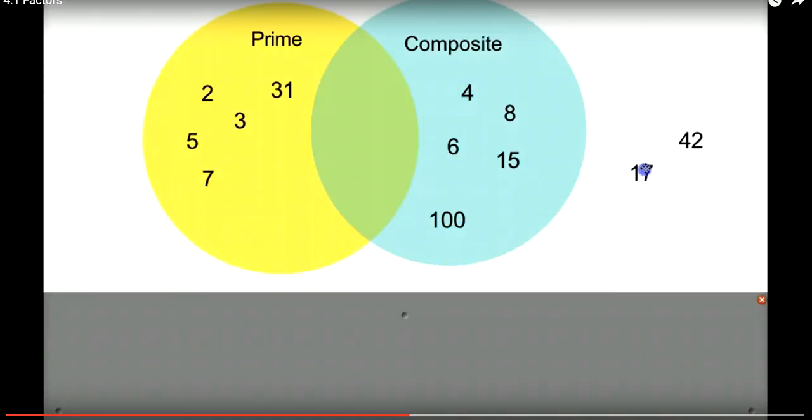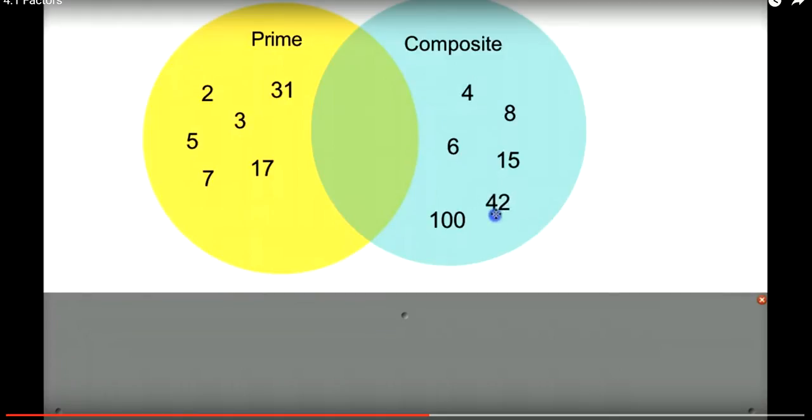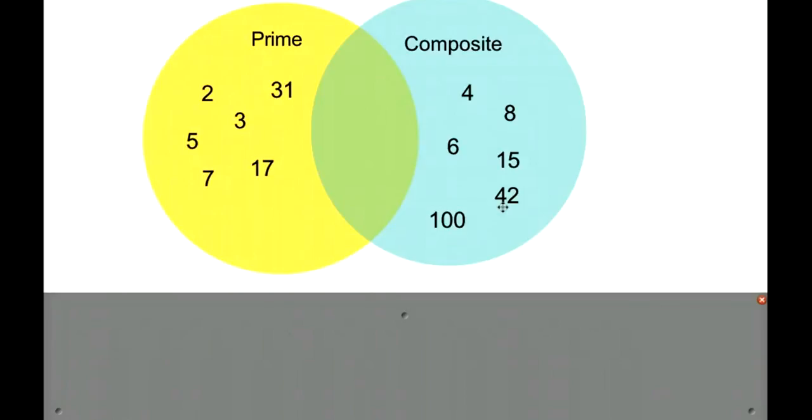So I have 17 is prime because I can only divide it by 17 or by 1, or multiply 1 times 17 to get 17. And 42, I can multiply 1 times 42, and I can also multiply 6 times 7 to get 42. So I know that that is composite. 42, I could also divide that by 2 and multiply 2 times 21 to get 42.